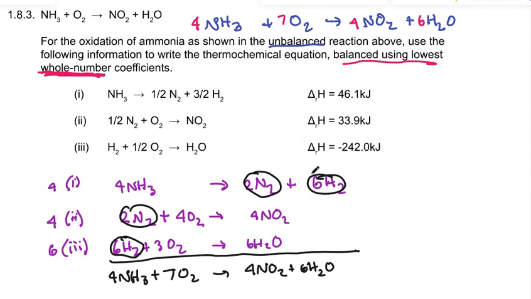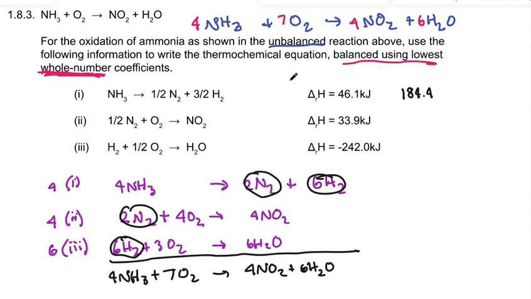And the big finish, we get to calculate a delta H now. We did 4 times reaction 1, so we get 4 times this delta H. I could maybe do that in my head, but let's try it not to mess it up. 4 times 46.1 is 184.4.